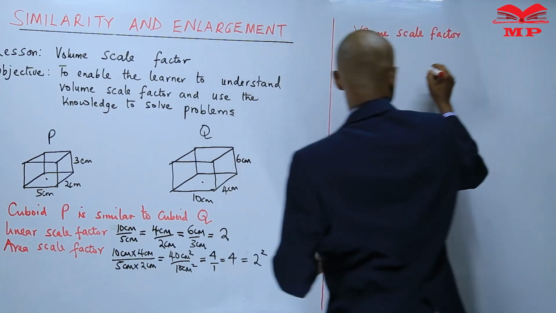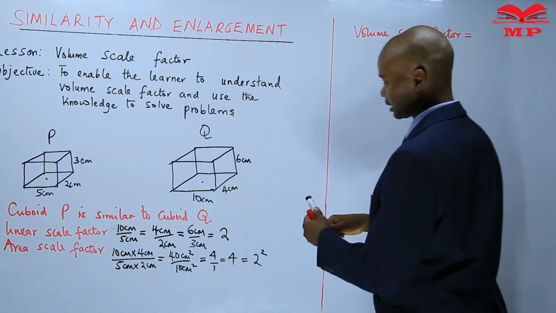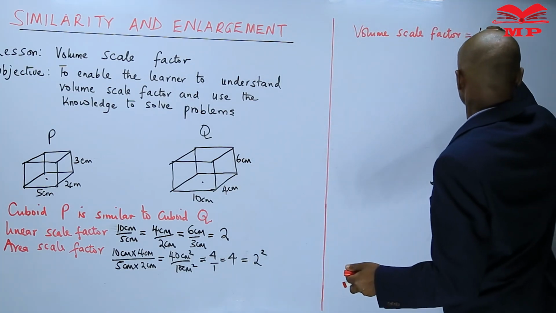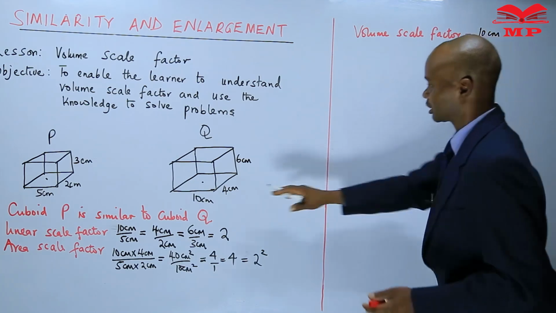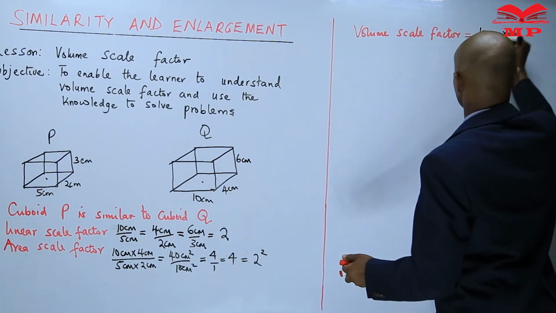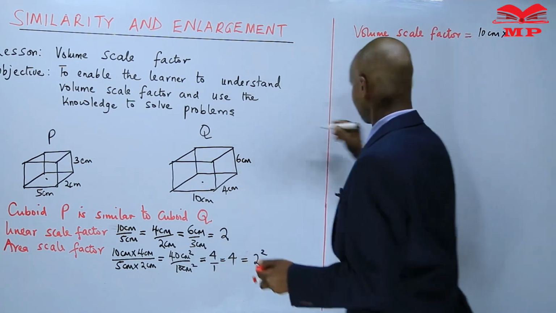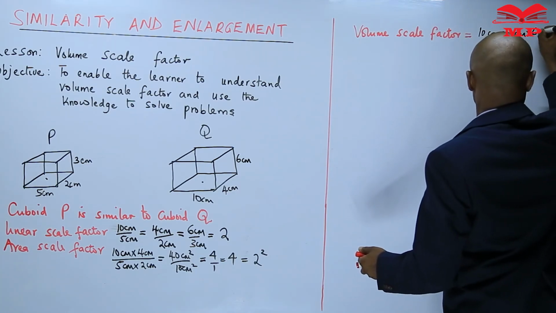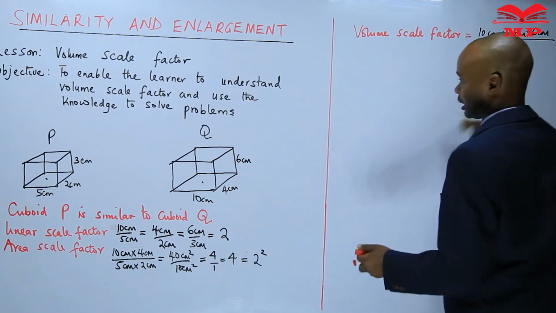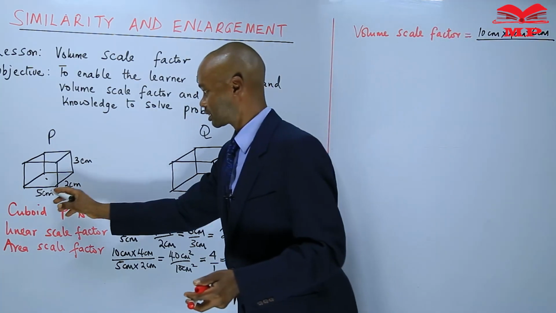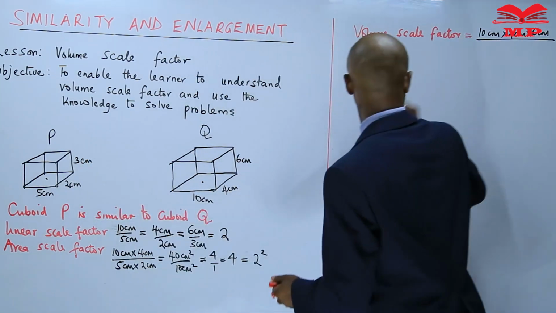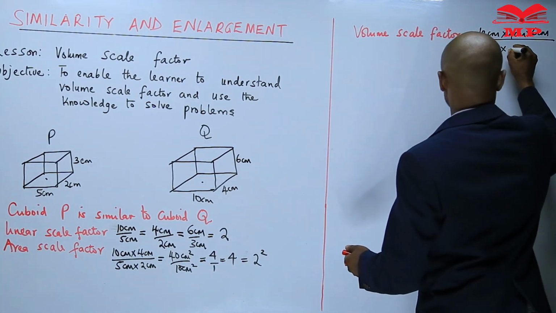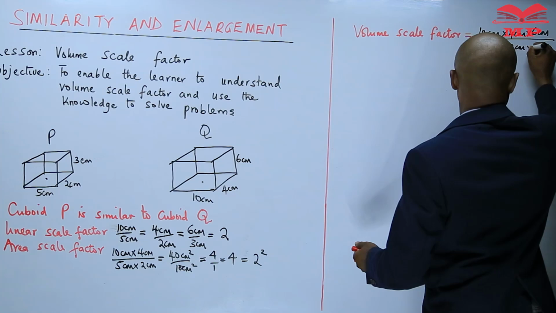For the volume scale factor, you can take the volume of these, 10 centimeters times 4 centimeters, length times width times height, times 6 centimeters, and divide by 5 centimeters times 2 centimeters times 3 centimeters.